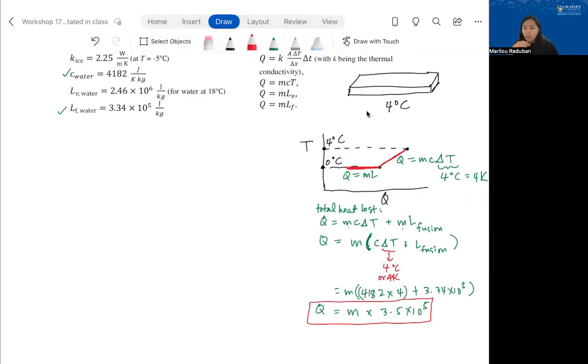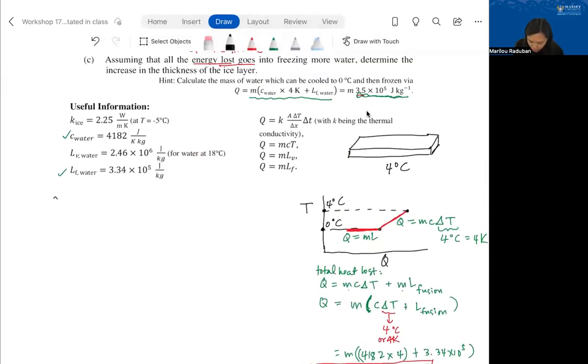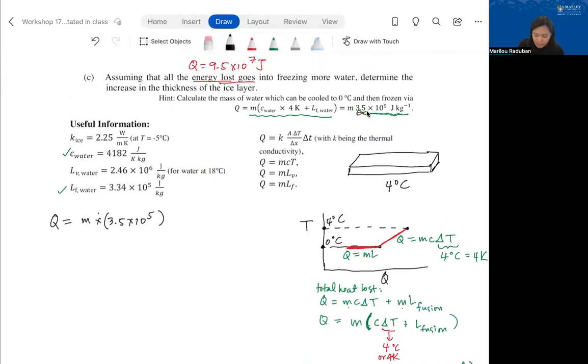Before we proceed further, does that make sense? How we have this equation that was given in the hint? Okay, good. So Q equals mass times 3.5 times 10 to the 5. Assuming all of this heat Q goes into freezing water, we have this relationship.